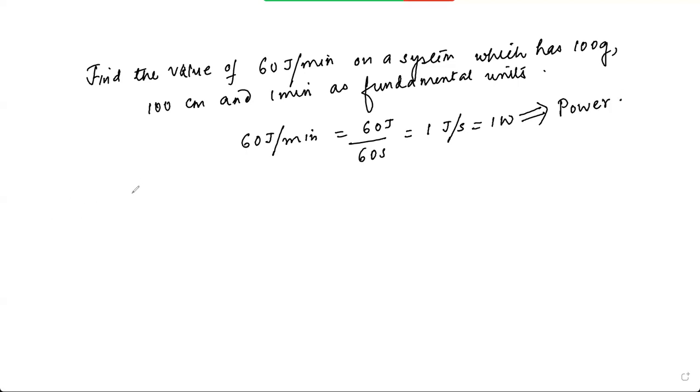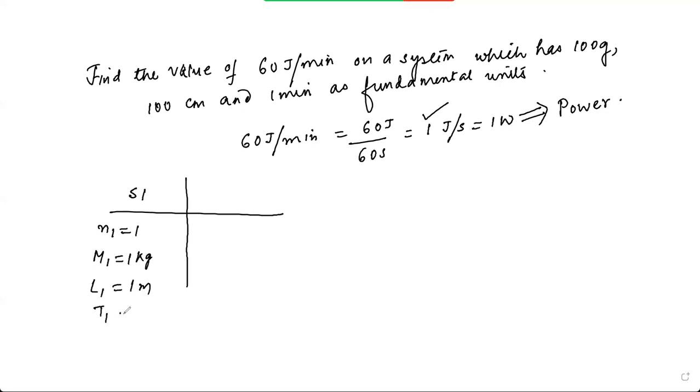Now let us put these given numerical values in the system. In the SI system, N1 equals 1, the numerical value of power in SI system is 1. M1 is 1 kg, L1 is 1 meter, T1 is 1 second.